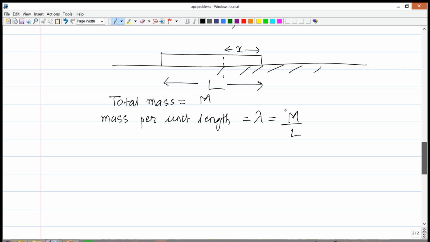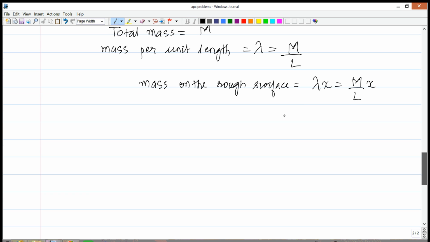Now once we have this, we can figure out the mass of the portion that is on the surface. So the mass on the rough surface is equal to lambda times x, which is nothing but m over L times x. Now that we have this, we can figure out the contact force for this mass and then the force of friction on this mass.